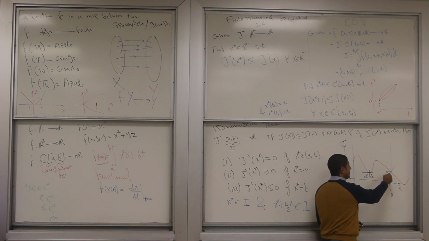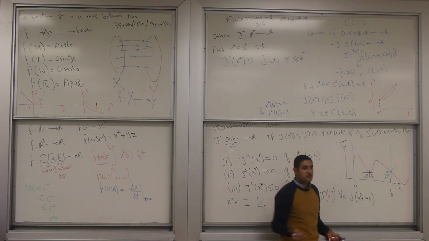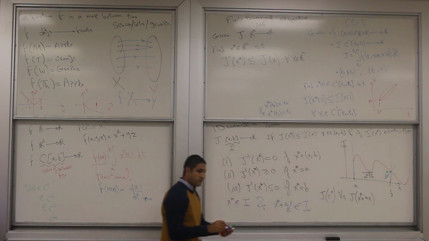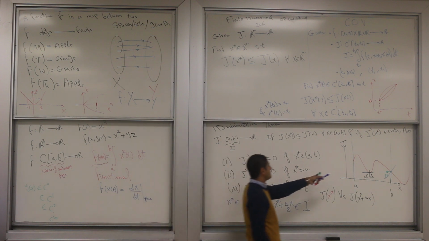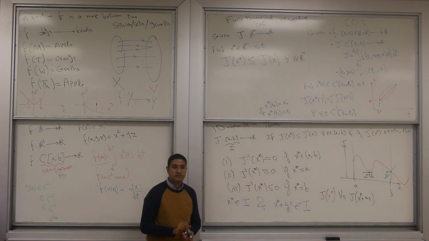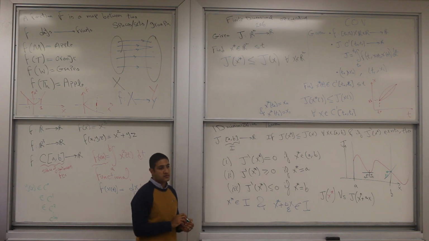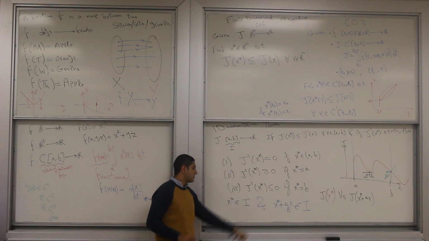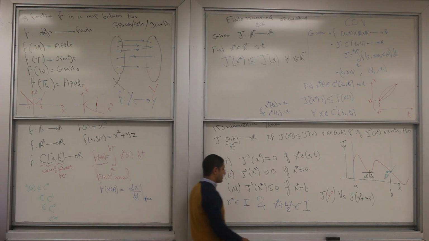So the points to your left, which are feasible points, they are less than your function. It's the other way around here. Any question about this theorem and this concept?